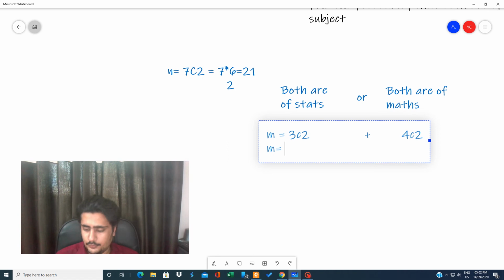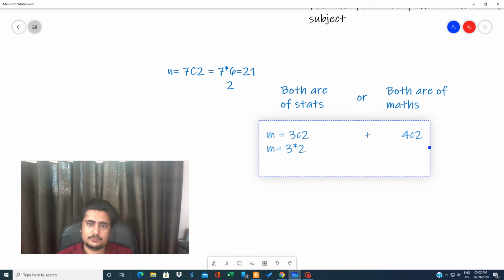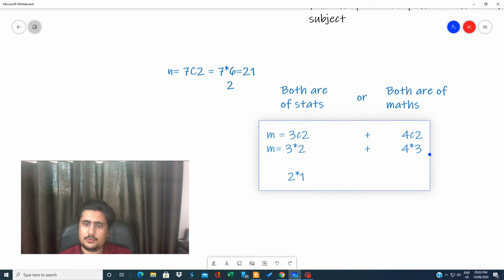Now if you want to solve 3C2, it's 3 into 2 upon 2, plus 4 into 3 upon 2 into 1.